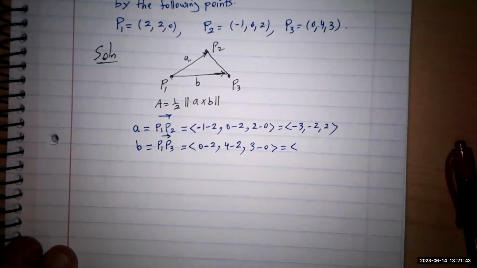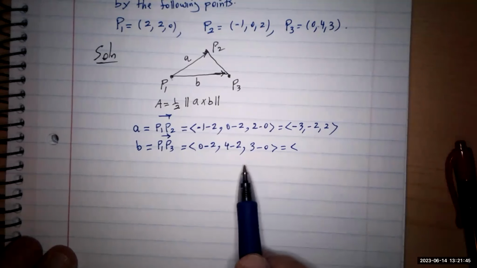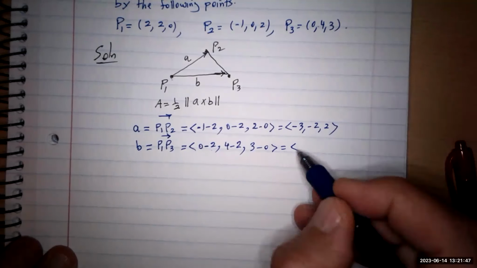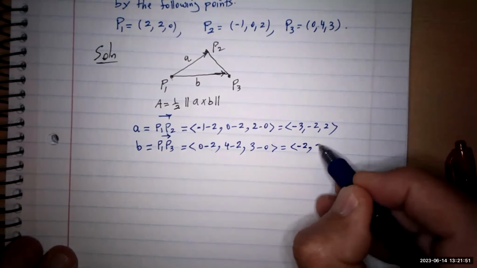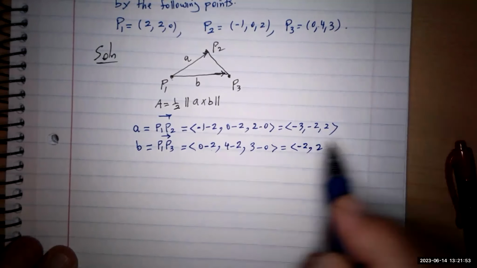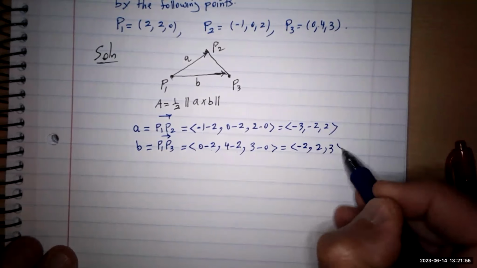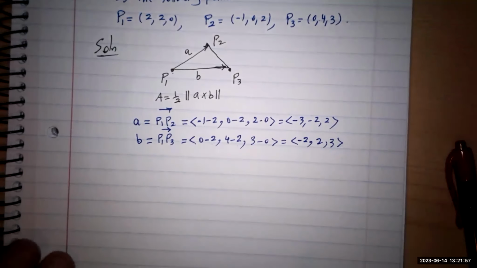Simplify it. We have -2, 2, and 3. There you are, you have your vector. So now you have to find A cross B. Any question?